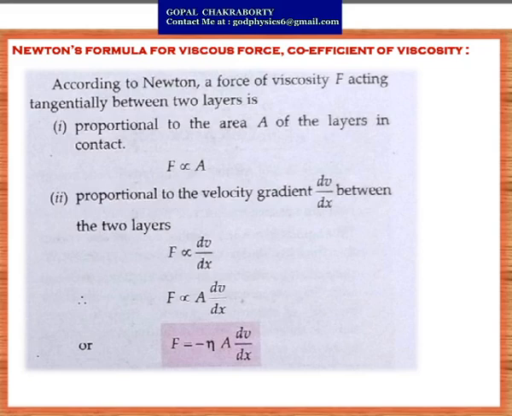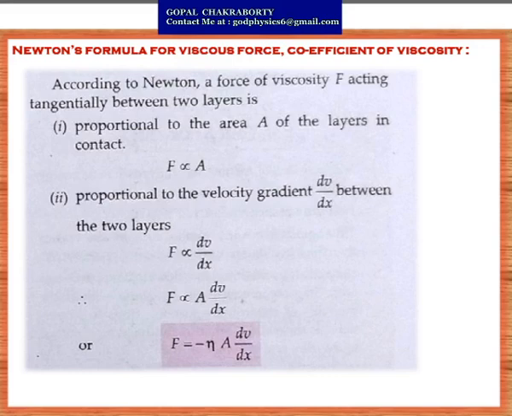From the second part, the force is directly proportional to the velocity gradient dv/dx. So F is proportional to A times dv/dx, combining equation 1 and equation 2. In terms of equality, the force is F equals minus eta A dv/dx.